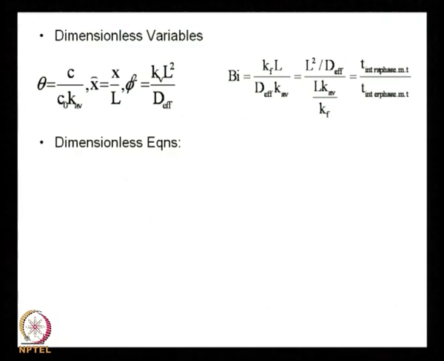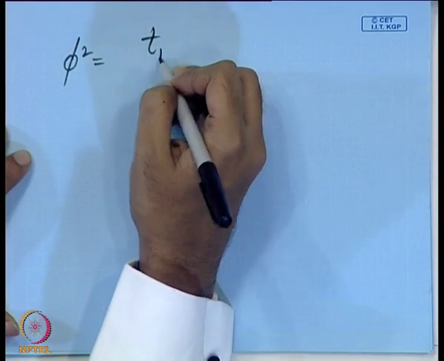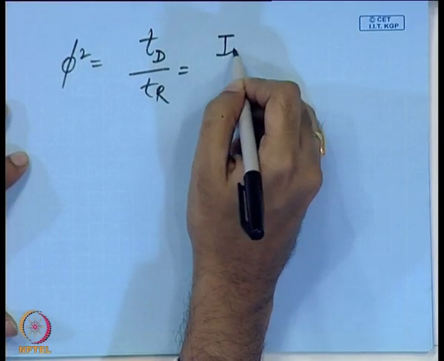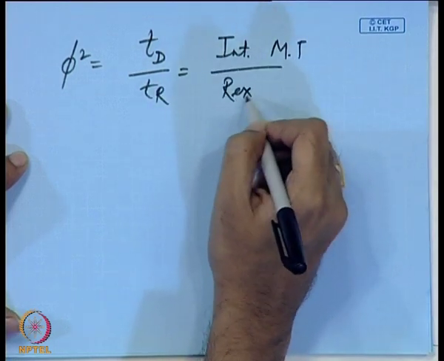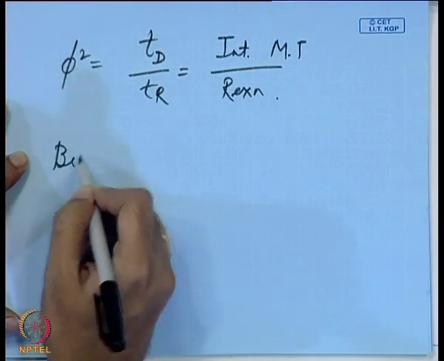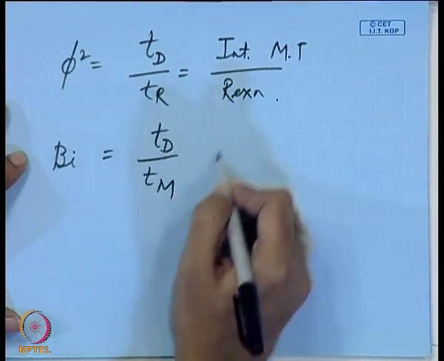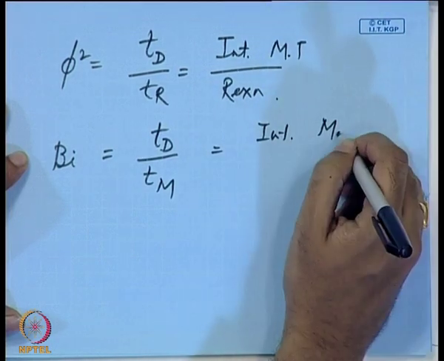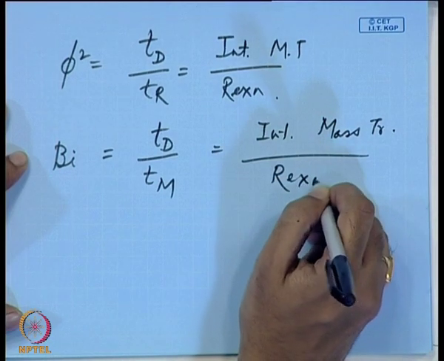So, let me simplify for you. Phi square equals Td over Tr, which is internal mass transfer over reaction, and Biot number is Td over Tm, which is internal over external mass transfer. Okay.